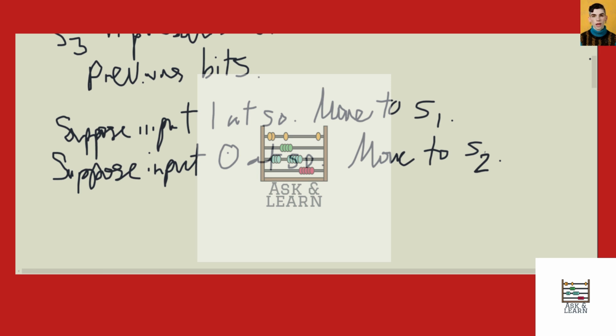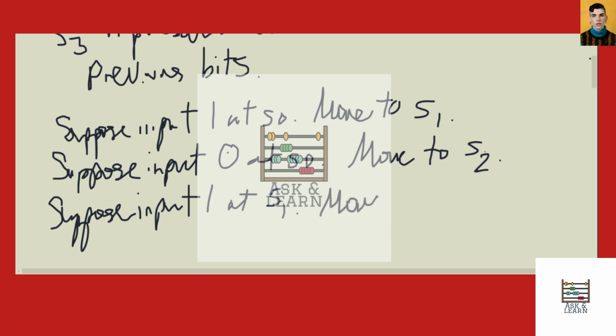Now, suppose that we have an input of 1 at S1. Then the total number of zeros remains the same, so we still have an even number of zeros, but the number of ones changes.